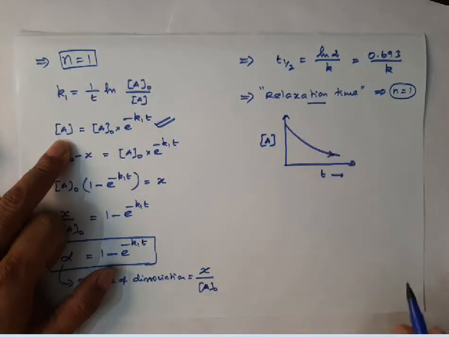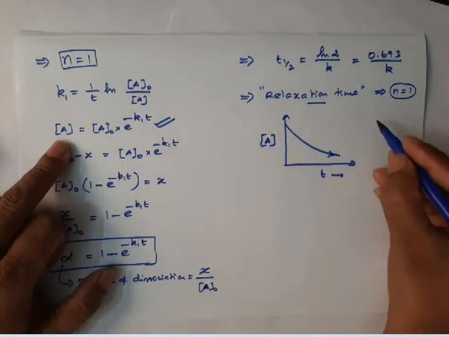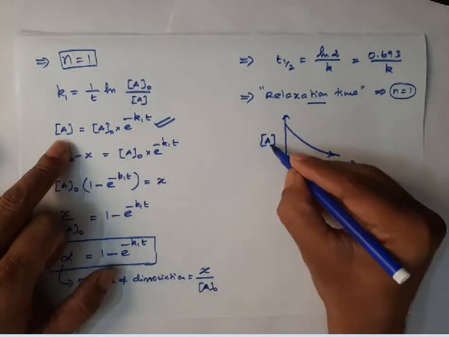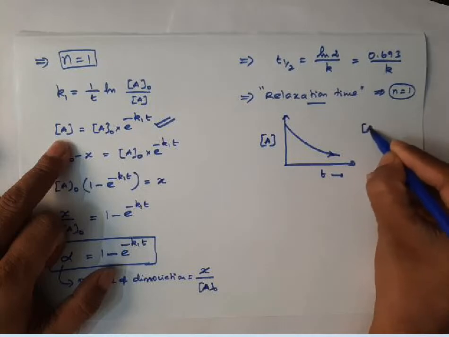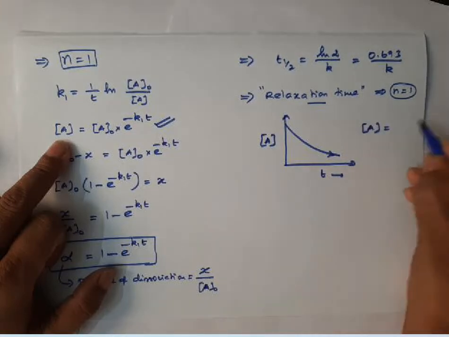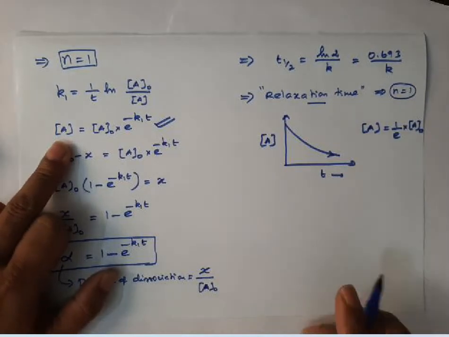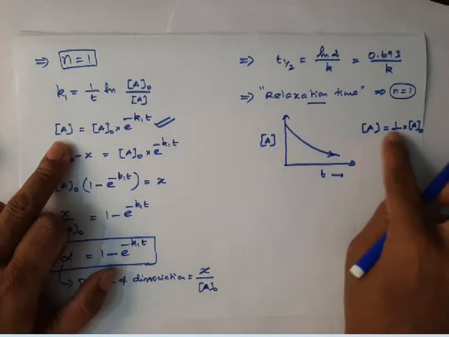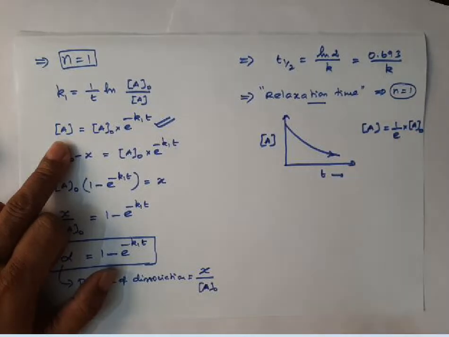Now what is relaxation time actually? Relaxation time is the time where the concentration of the reactant becomes equal to 1 by e times the initial concentration. At what time does the concentration of A become equal to 1 by e into initial concentration?